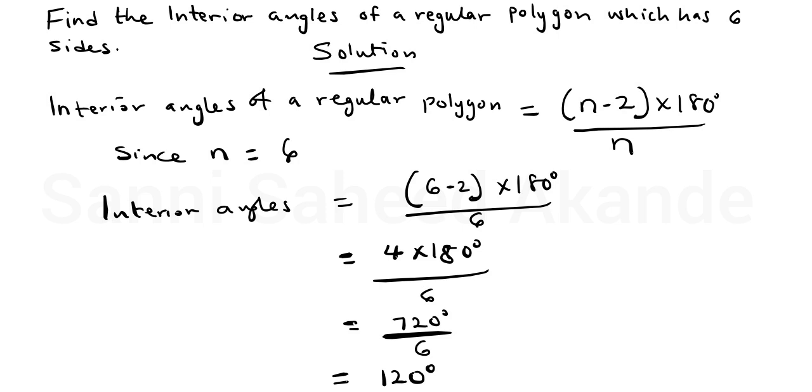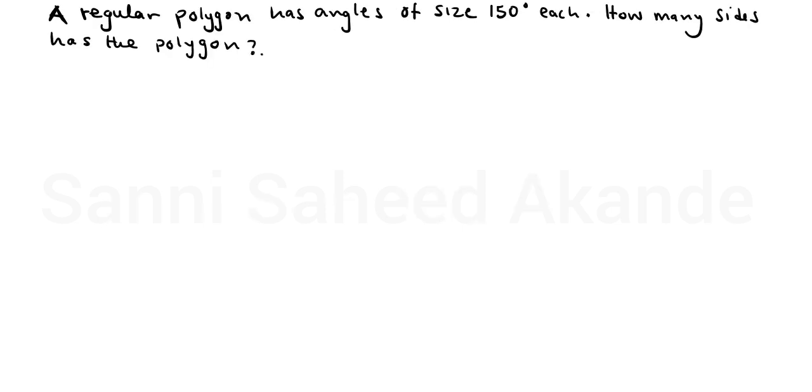Now this question says a regular polygon has an interior angle of size 150 degrees each. How many sides has the polygon? Solution.